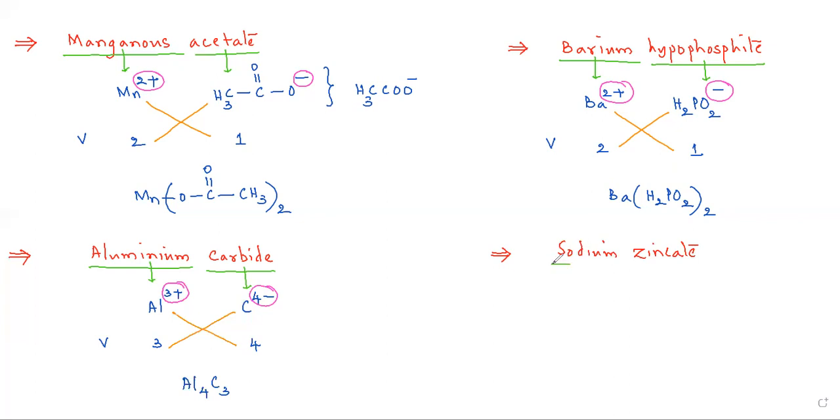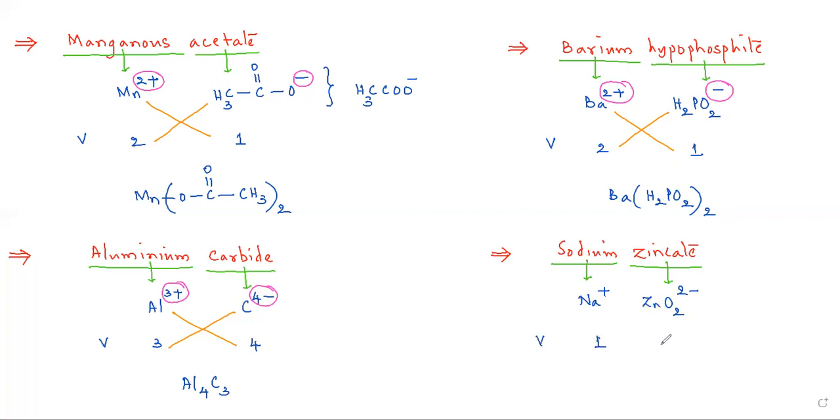You know the formula of sodium ion is Na plus. Then the formula of zincate ion is ZnO2 2 minus. Right.